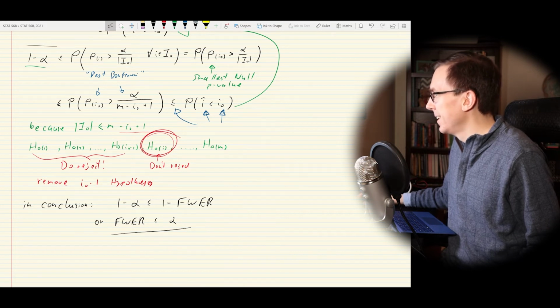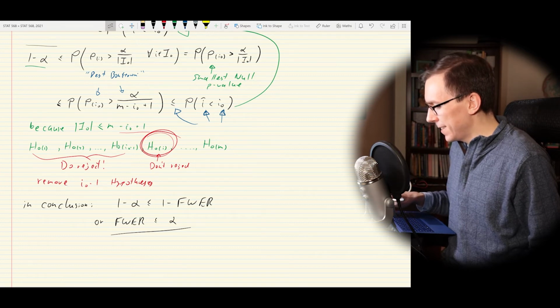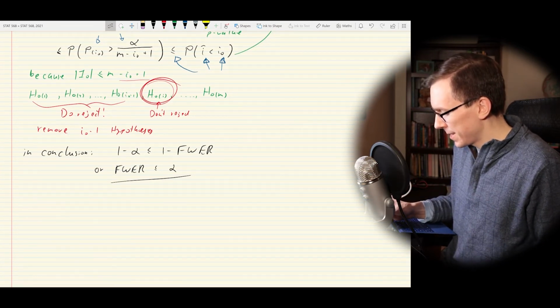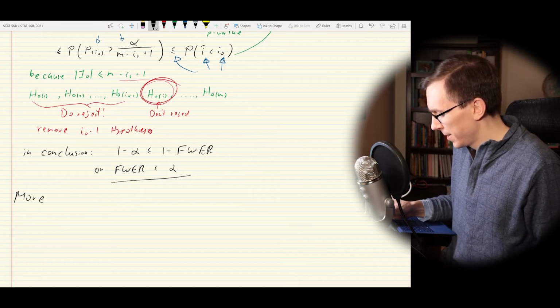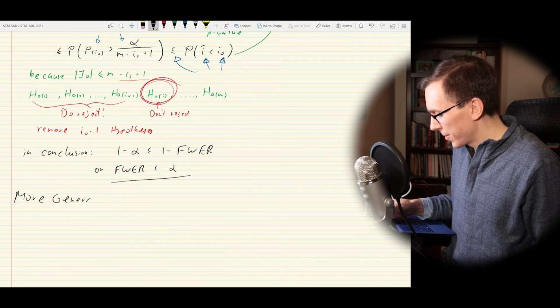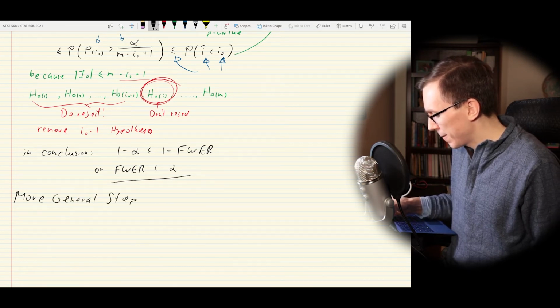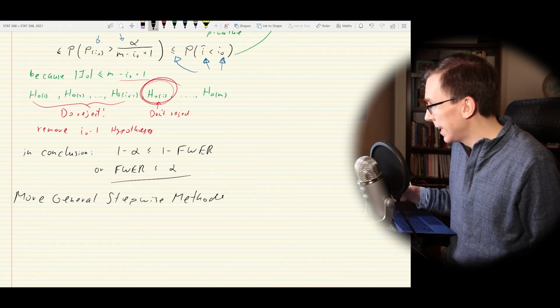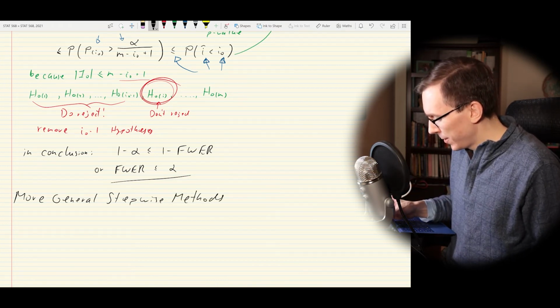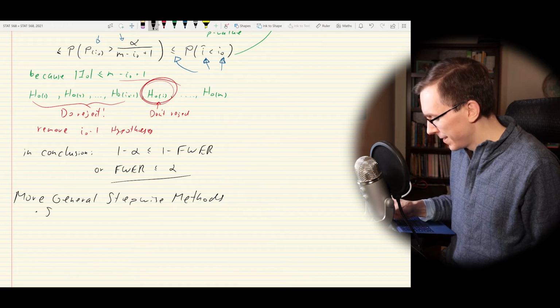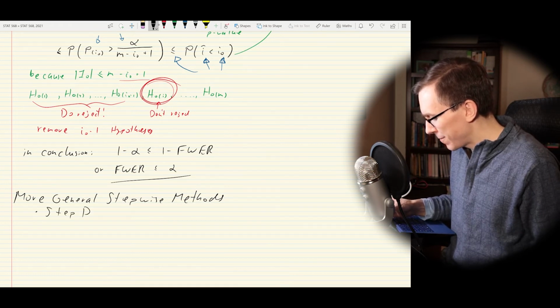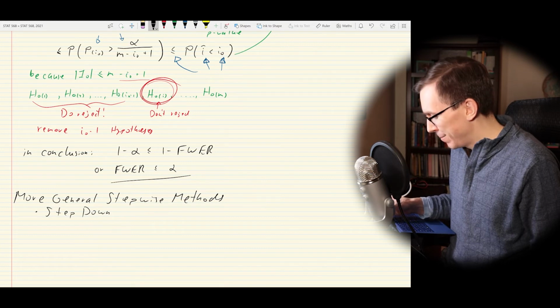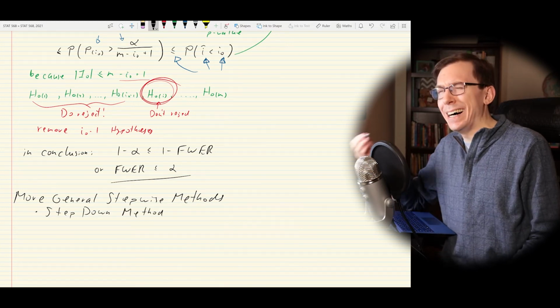Now, we're not done yet, because what we want to do is consider more general stepwise methods. And specifically, we're going to do step down, which I always find to be strange notation because it means that we start with the smallest p-value and work our way up.